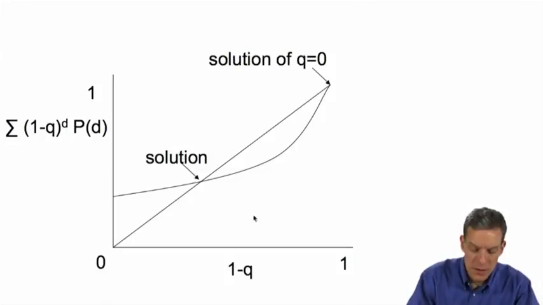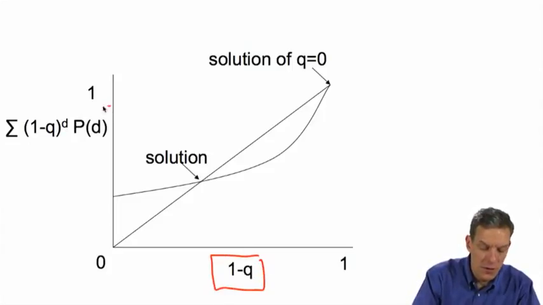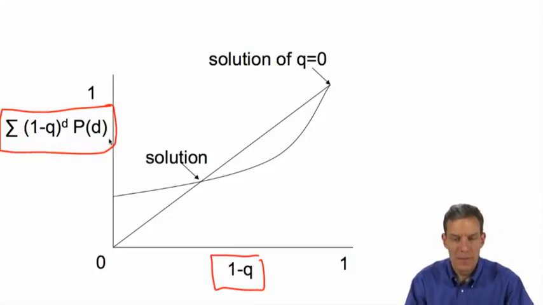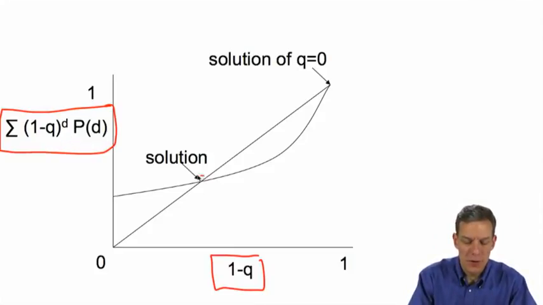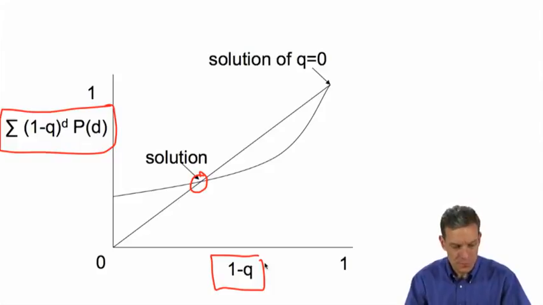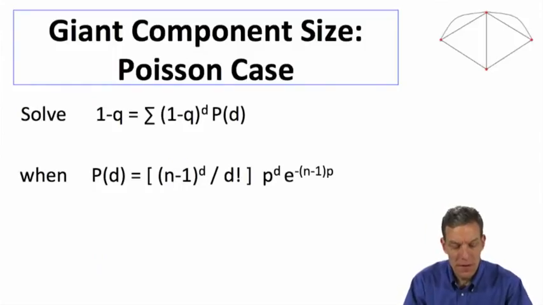So if we look at this and try and solve for the positive solution, it's going to be the point where 1 minus q is equal to the sum of 1 minus q to the d over the different probabilities of d, right? And so we're trying to solve for what 1 minus q solves this simultaneously. That gives us a solution to q. So that's what we need.